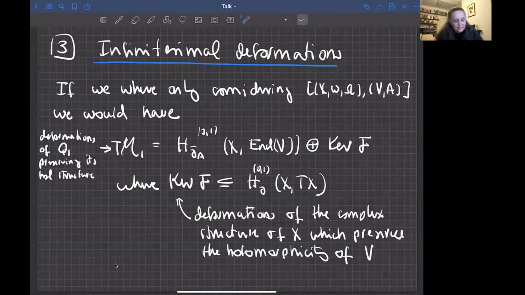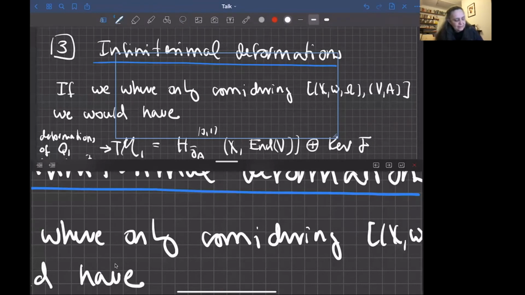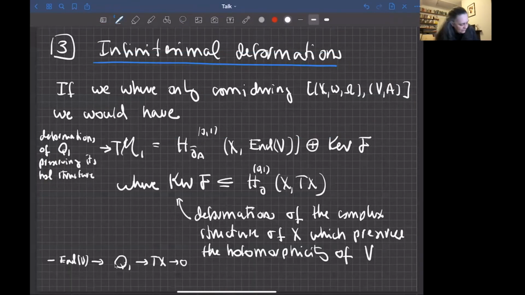So remember that Q1 was the extension of the tangent bundle of X by the endomorphisms of P, with extension class F. So this is just a reminder of what Q1 was.